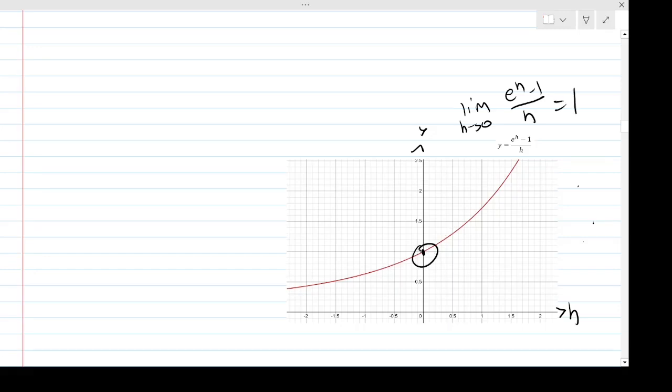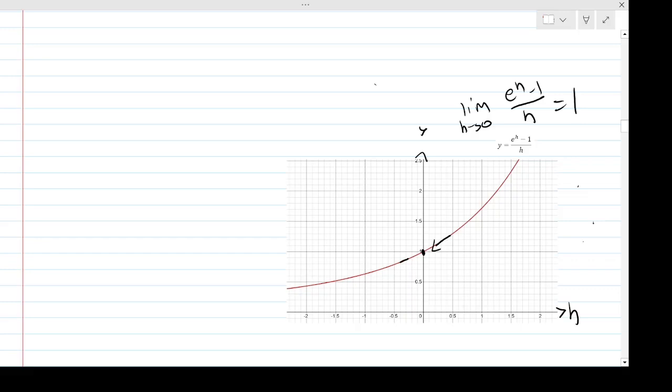It goes to 1. Now, I won't get too technical, but you might be thinking, if I plug in h is 0 into here, that would be e to the 0 take away 1 over 0. I can't divide by 0, right? That's fine. With limits, we only care about where it tends to.